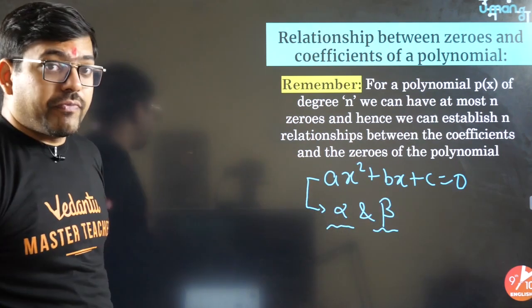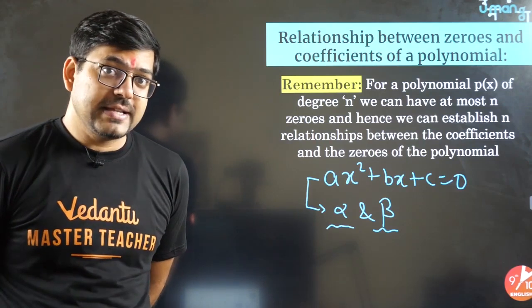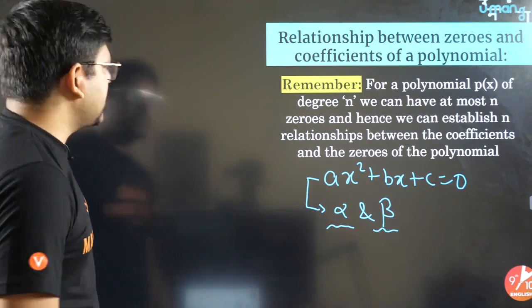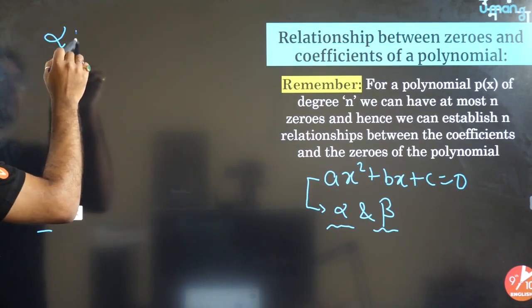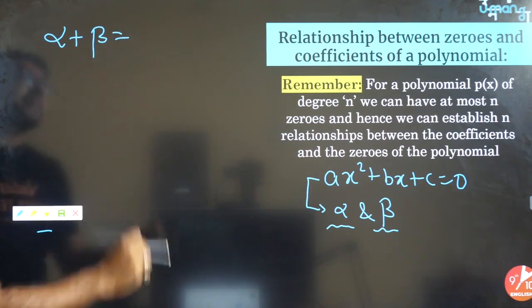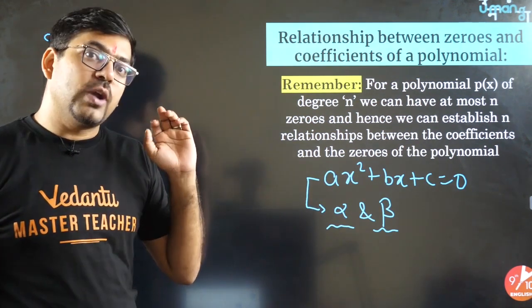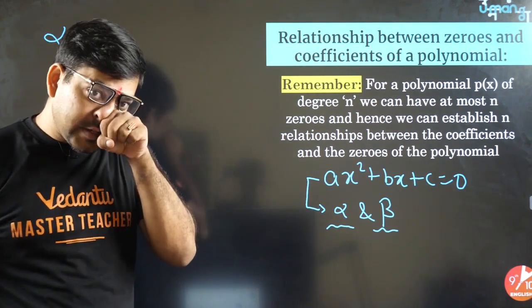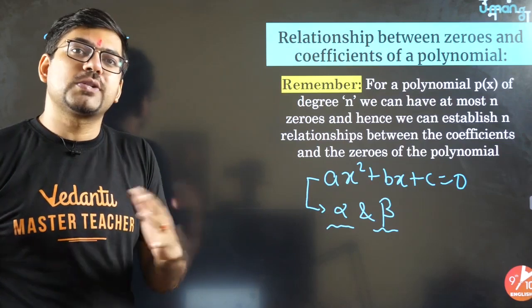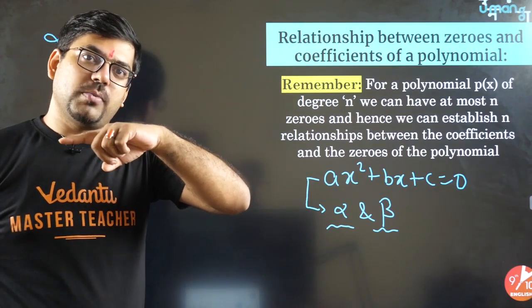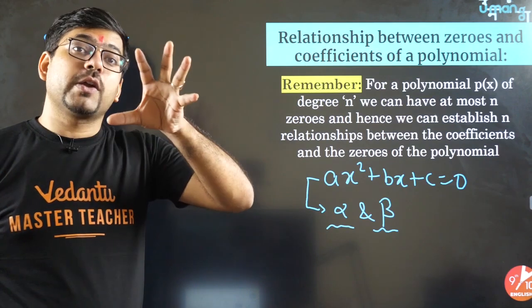The relationship we have to study here is that the sum of zeros, alpha plus beta, is equal to minus b upon a. You have to remember this. The derivation for this formula exists, but we are not going to study it right now. We'll study that derivation in the quadratic equations chapter.